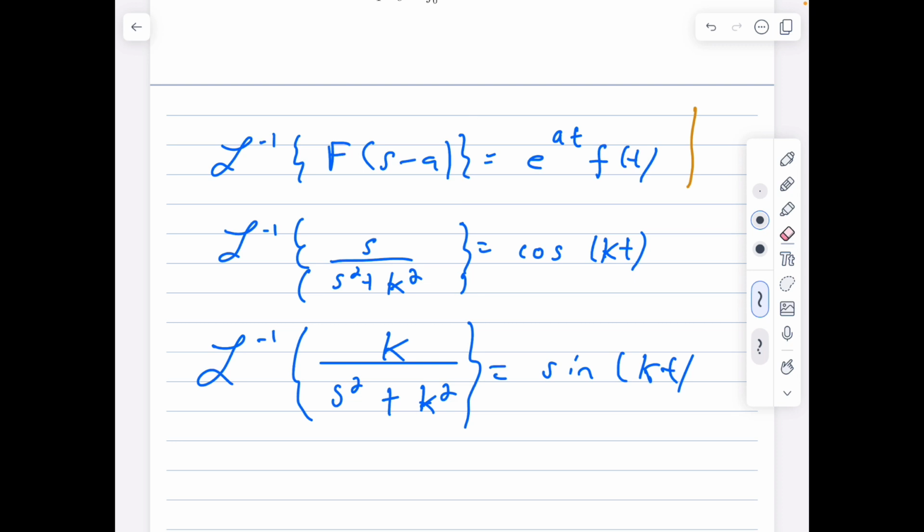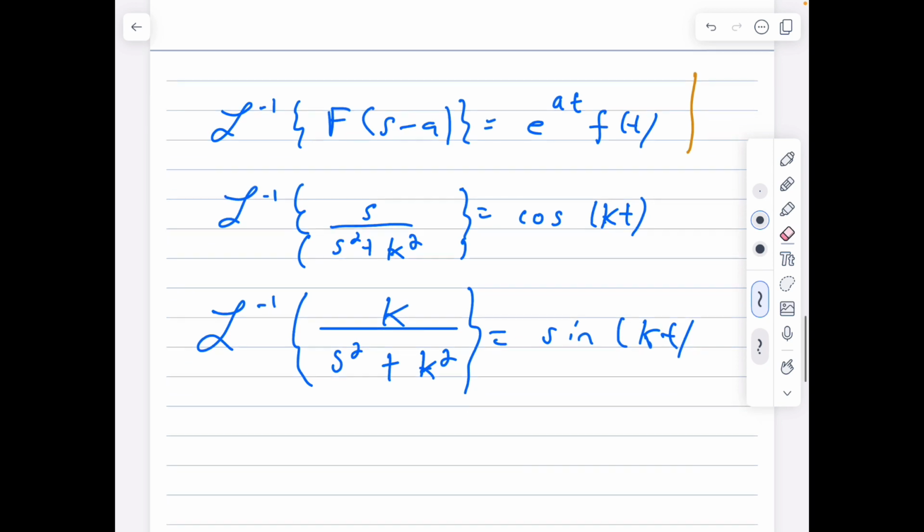This basically says that if you take the inverse Laplace of a shifted transform of a function, it's equal to e to the at times f of t. Capital F just describes the transformation of lowercase f of t.